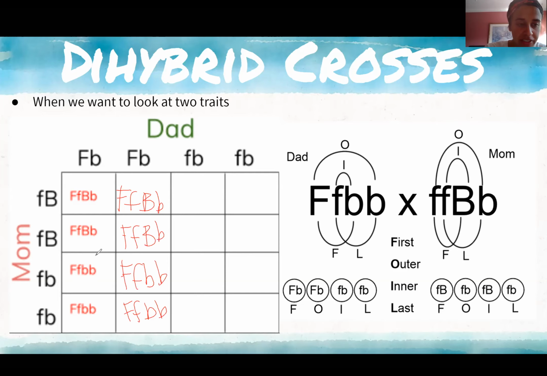There we go. As you can see, you're taking the F from this column, and so forth, and same thing for all down here. Then you do the next one.